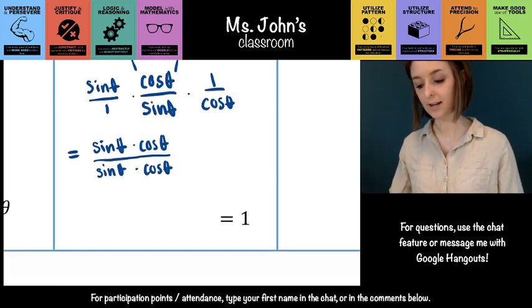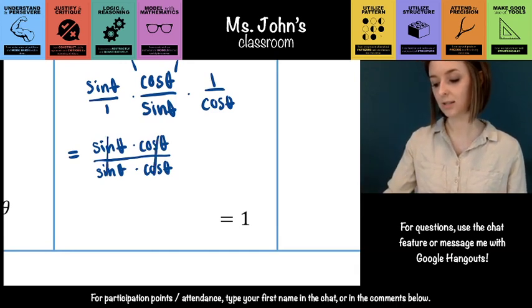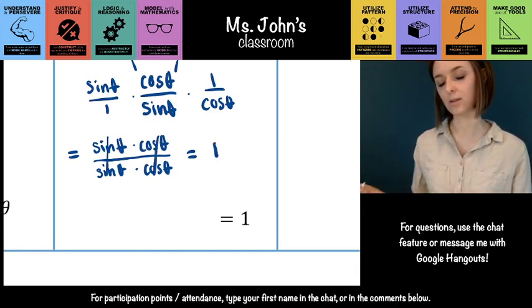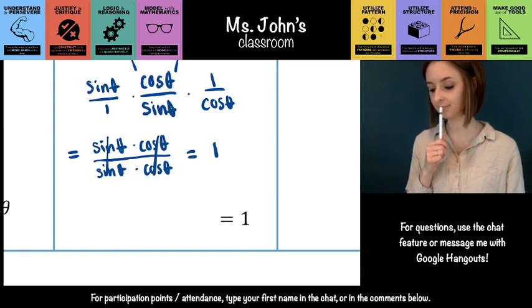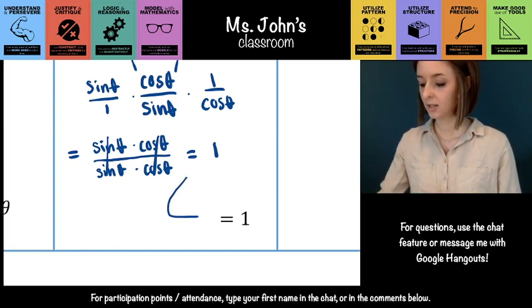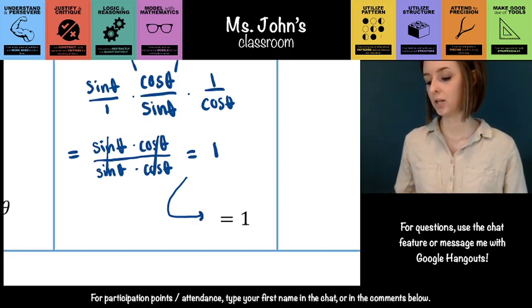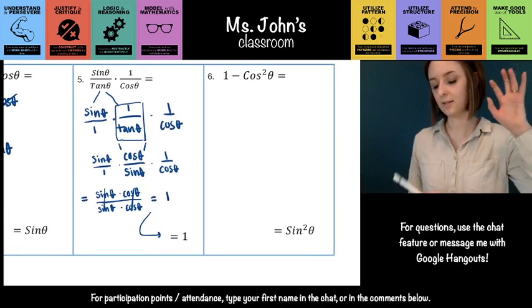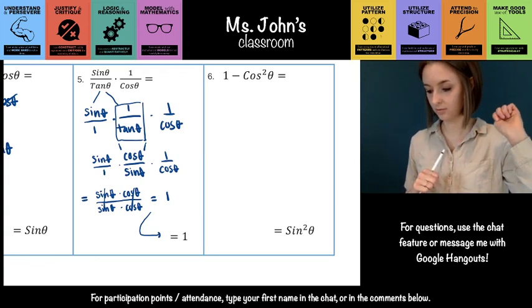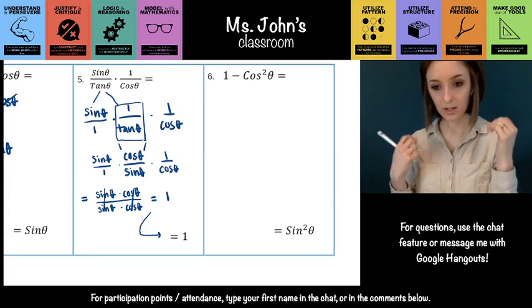Notice that everything cancels in that fraction, and it leaves us with just the value of 1, which is what we wanted to prove. So we have bridged that gap between what it's equal to, proven it. We're answering the question why.